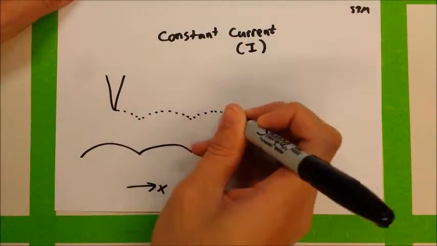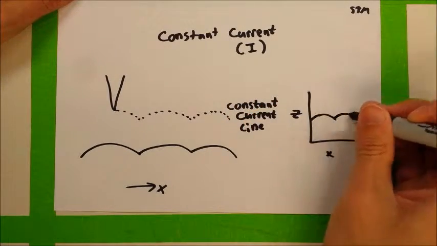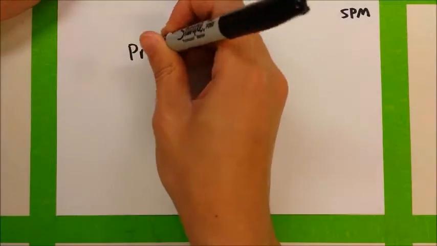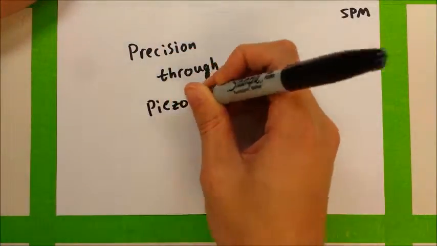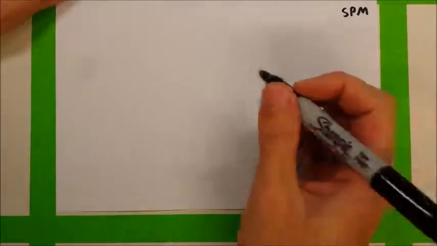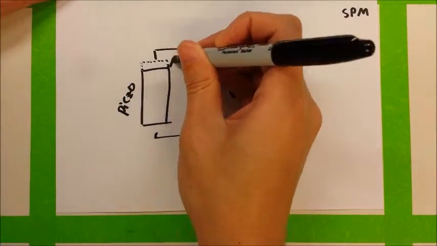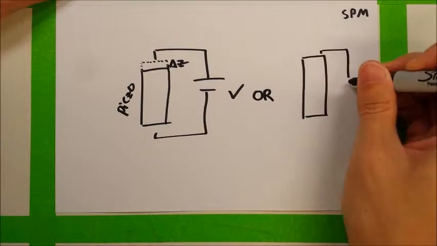Both moving the tip across the sample and bringing the tip close enough to get a steady signal without crashing requires nanometer precision in positioning. This can be done by piezoelectric crystals. Piezos are neat. By applying a voltage, you can change the actual size of the crystal.